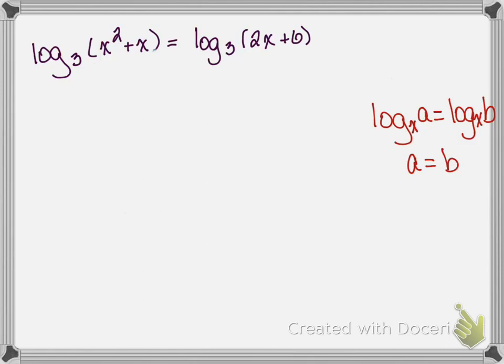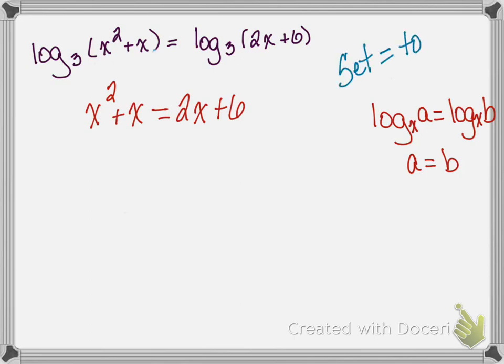Therefore, a is equal to b. So now I can set x squared plus x equal to 2x plus 6. Okay, and do you know how to solve that? You do know how to solve that even if you've forgotten. Okay? You're going to set equal to 0 and then what?